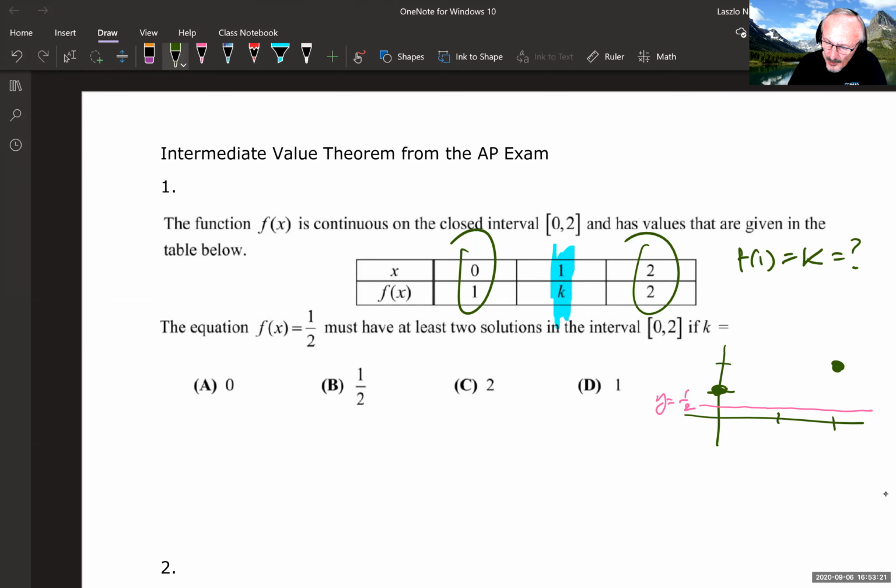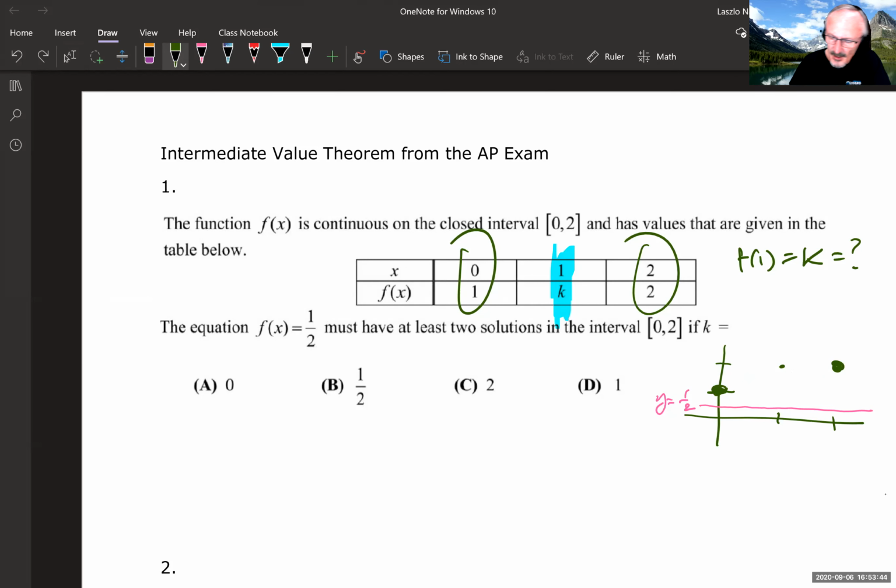That would perhaps make a tangent line there, and that would of course give you 1 solution. We could, let's see, put 2, but if you put 2, that doesn't guarantee anything, not even 1 solution.